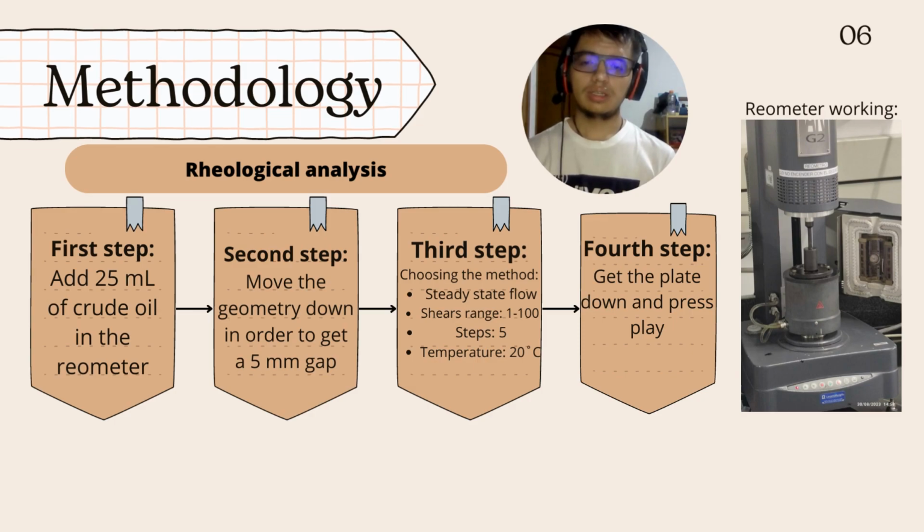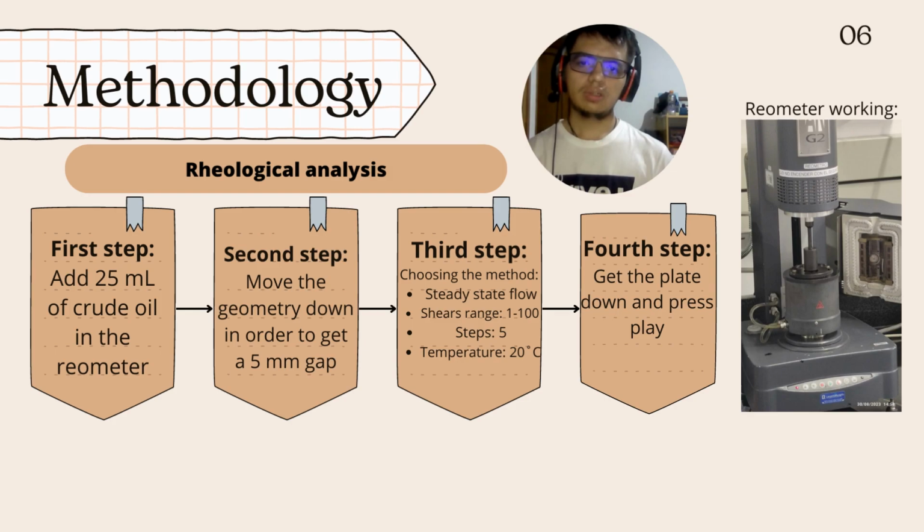For the last step of the methodology, we will have the rheological analysis, which consists of four steps. First, we will add the mix from the previous step into the rheometer. Then we will move the geometry down in order to get a 5 millimeter gap that doesn't touch the floor of the rheometer.